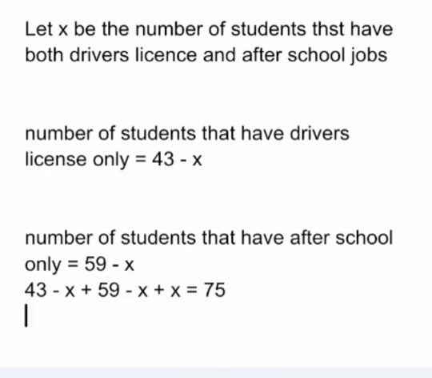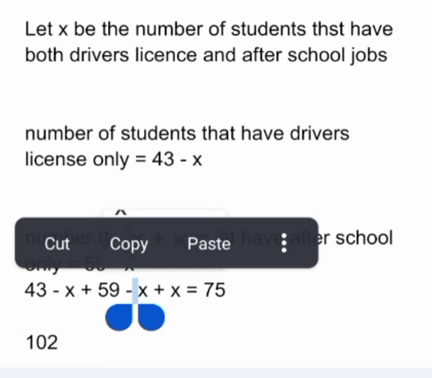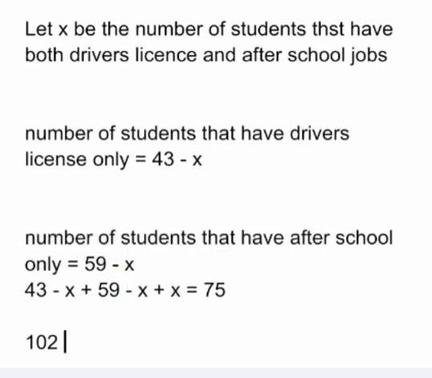By collecting like terms, 43 plus 59 gives us 102. Now minus S plus S cancel out, so we are left with 102 minus S equals 75.